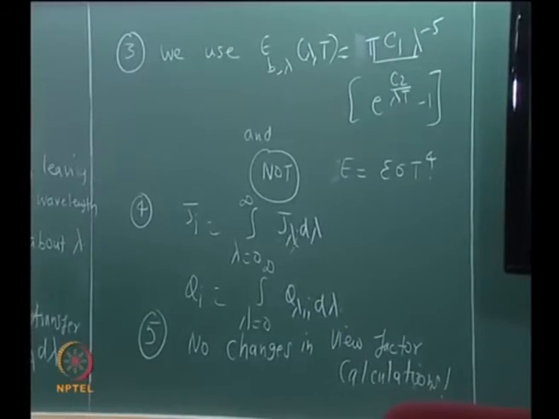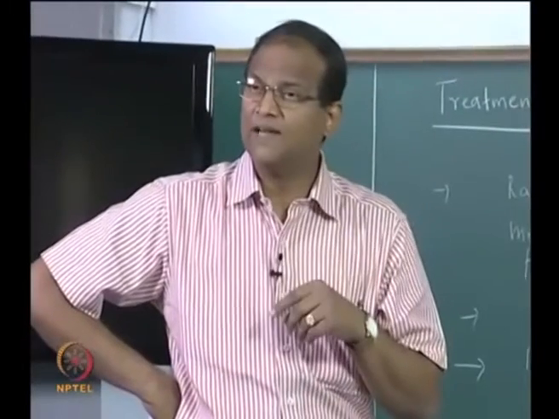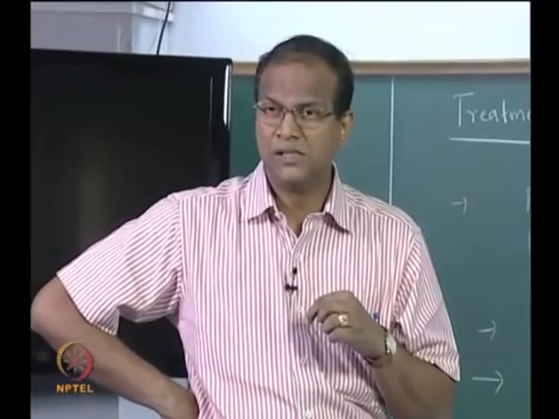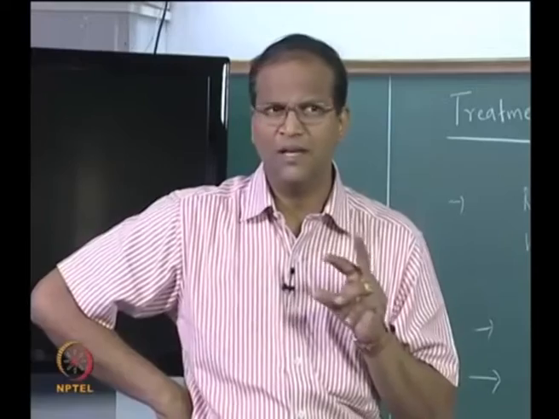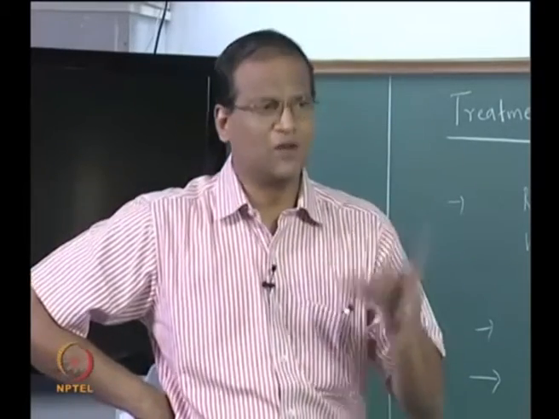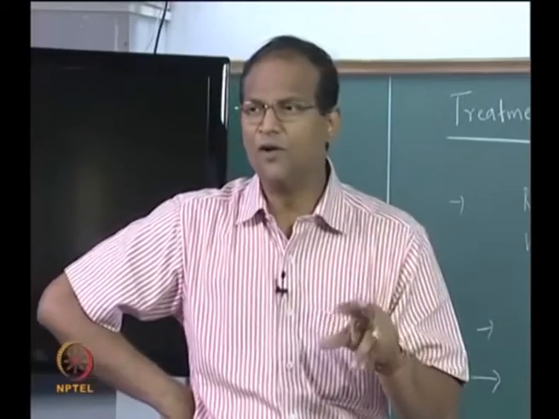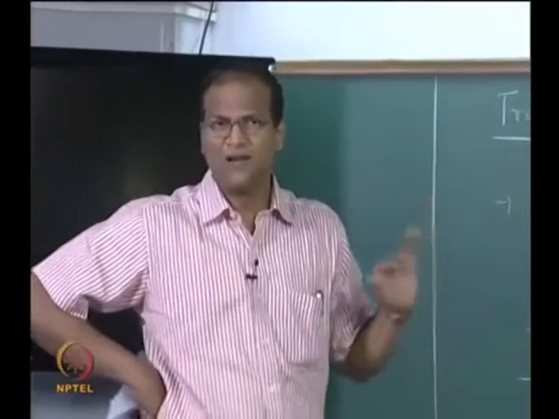So how do you get the reflectivity? It is spectrally dependent. Therefore, you have to invoke Kirchhoff's law. To get the reflectivity, you have to invoke Kirchhoff's law and say that alpha lambda is equal to epsilon lambda. Okay. So this completes the formulation.